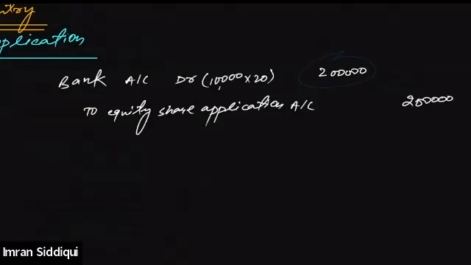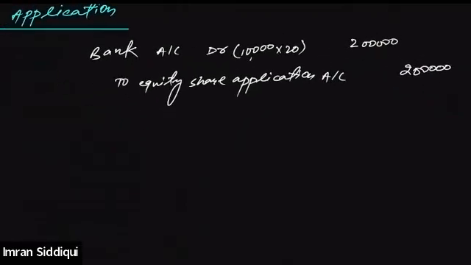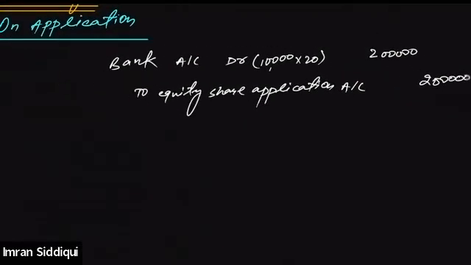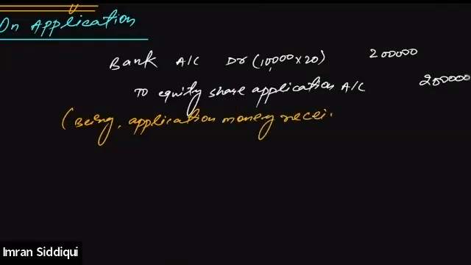Is that correct? Is that fair? This is the journal entry for the receipt of the application money, being application money receipt.